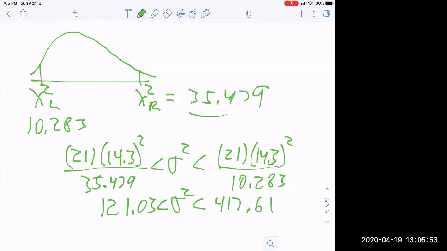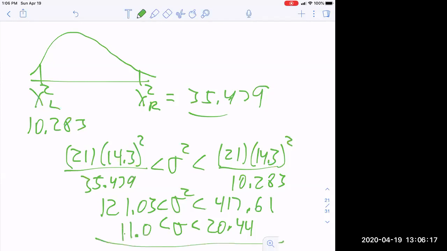Now, we want standard deviation, so I have to take the square root of those. The square root of this is 20.44. The square root of this is basically 11, and it is 11.0.